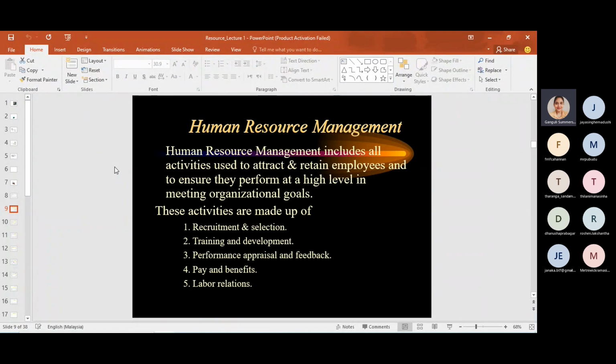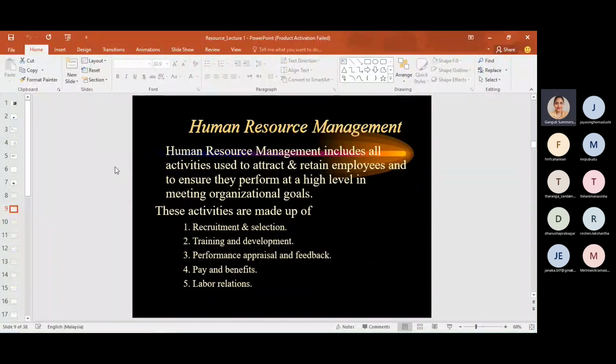Retain means how long you are going to stay in that organization. If you stay for a very short period of time, we don't consider it as retaining. If you stay for a long period of time, then we can consider it as retaining.